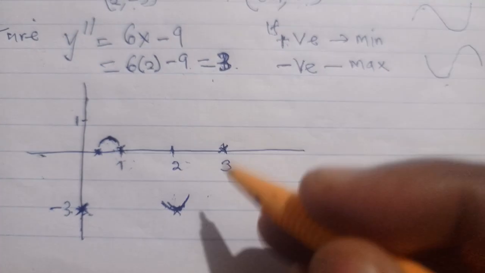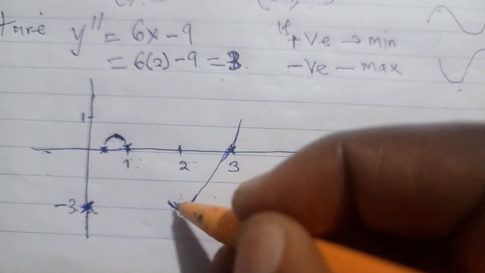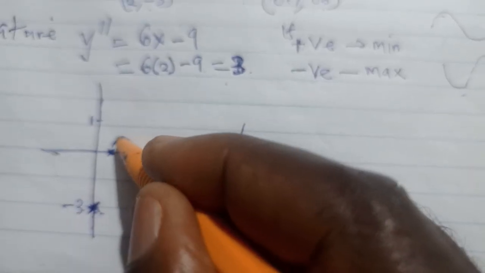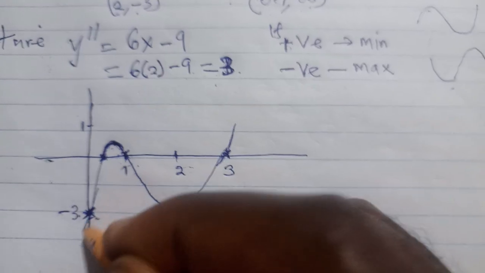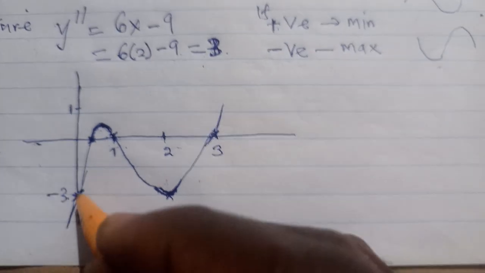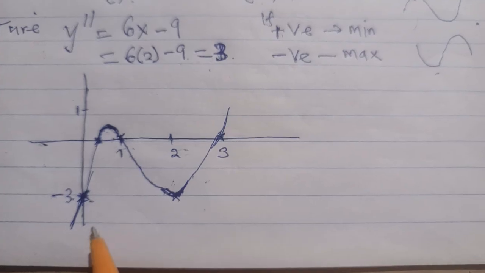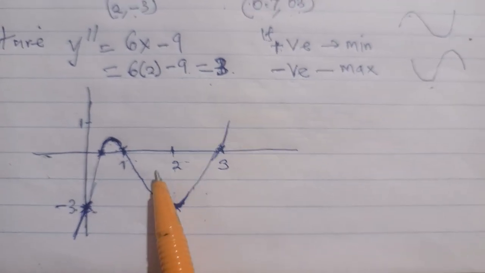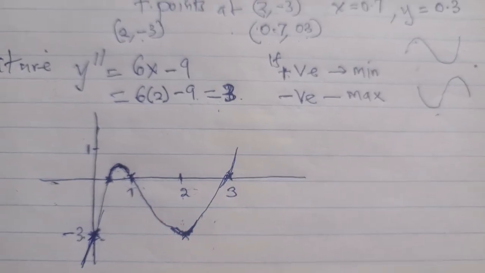So we do just the connection. The curve will go this way, come this way, turn there. This is the sketch that is required from the question that we had.